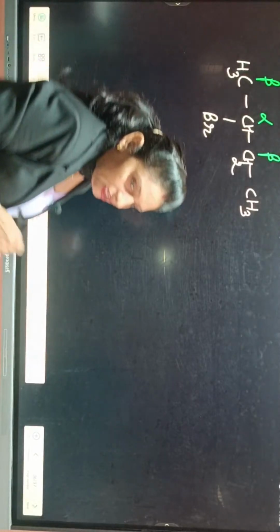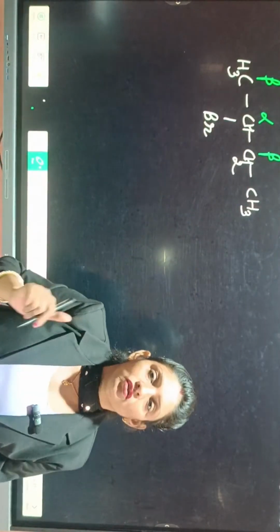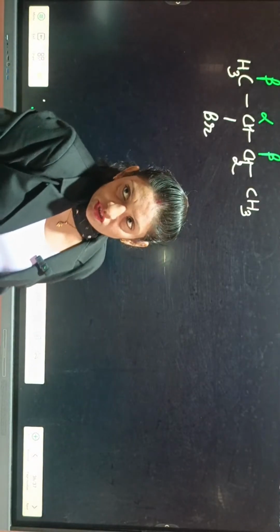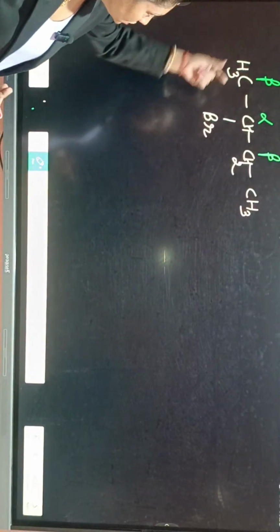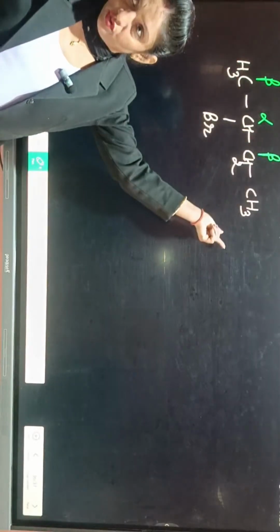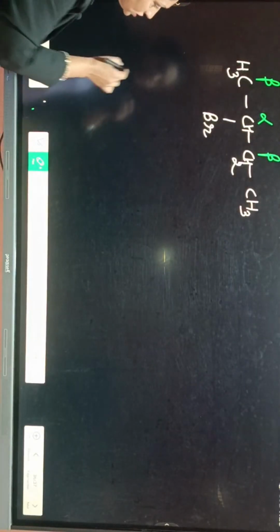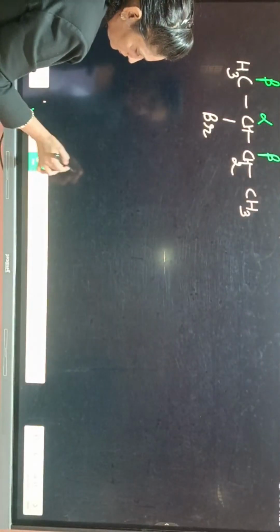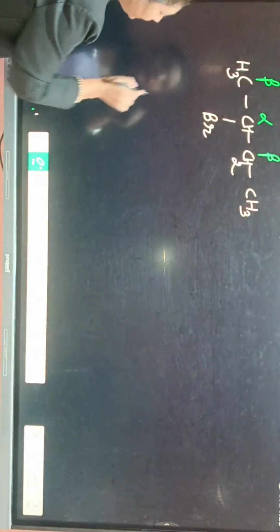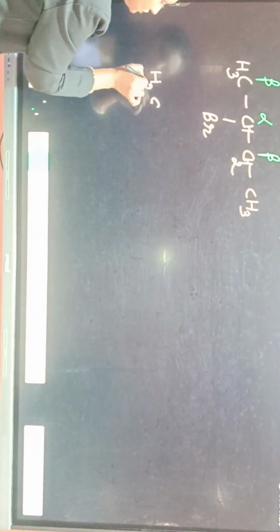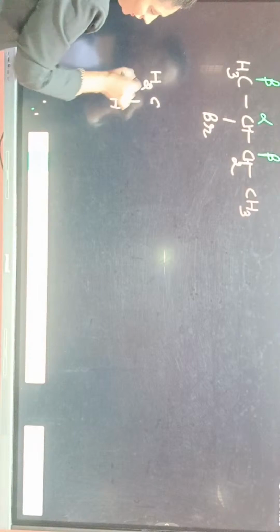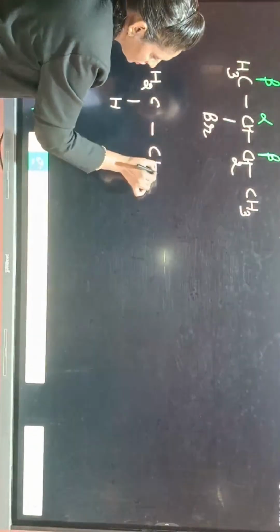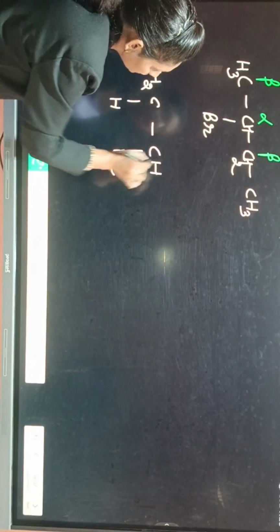So students, here removal of beta hydrogens takes place. That's why it is known as beta elimination. But here beta hydrogens are on this one and this one also. So students, what is the possibility? I can write in this way: CH3, CH2, H, CH, Br.